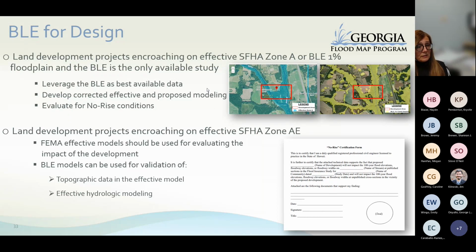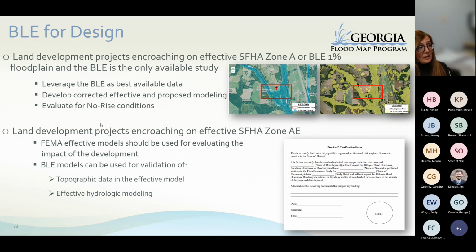In this particular case, we're encouraging leveraging the base level engineering as the best available data and utilizing this data to develop corrected effective model and also proposed condition model that reflects the proposed development, and based on these modeling scenarios to evaluate the proposed development for no-rise conditions. If the no-rise conditions are met, again, the development is not going to negatively impact the floodplain in this area.